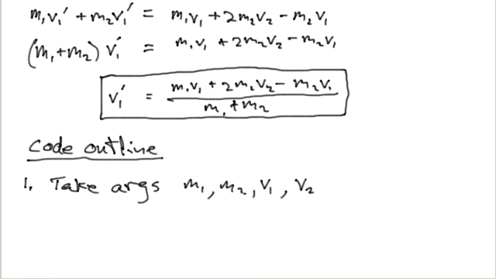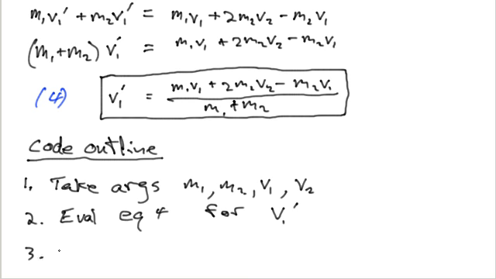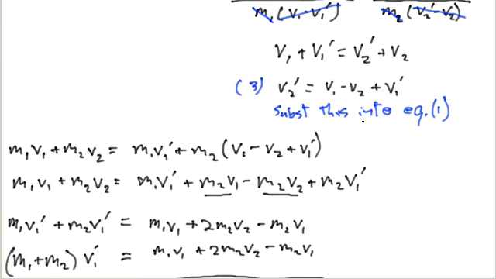Evaluate. Let's say I'll call that one equation 4. So my step 2 is evaluate equation 4 for V1 prime. Then I'll have a value for V1 prime, so I can use that in equation 3 along with known stuff.